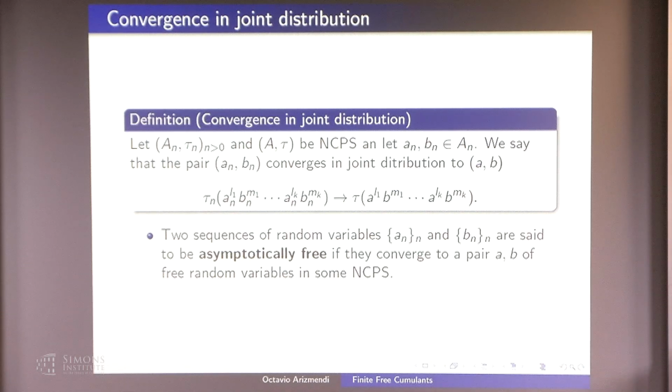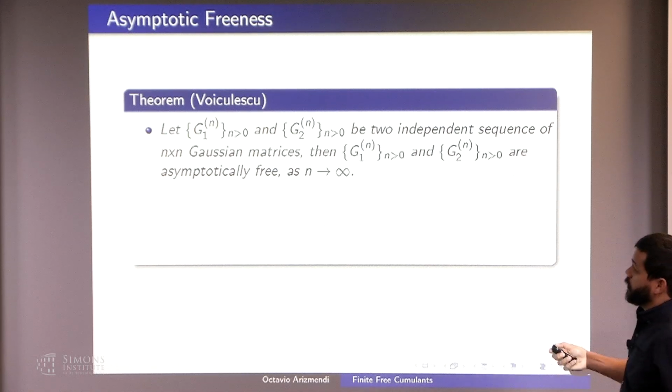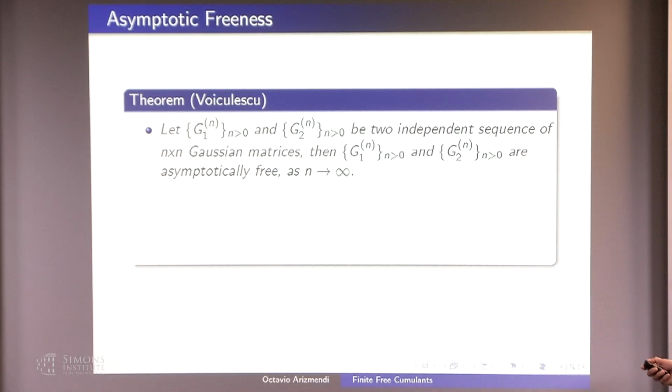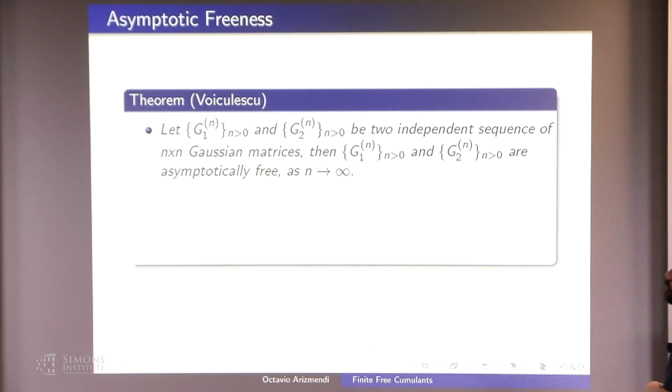The main example comes from random matrices, first noticed by Voiculescu: if one takes two independent Gaussian matrices, then as n goes to infinity, these two are asymptotically free with respect to the expected trace. And then one can prove that this holds almost surely.